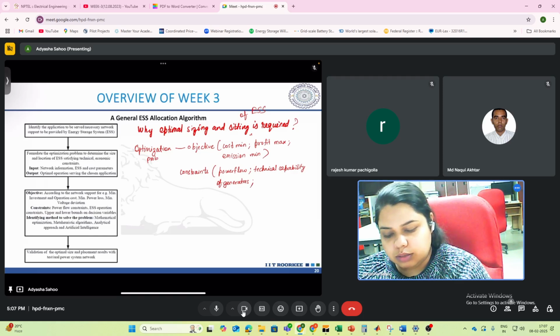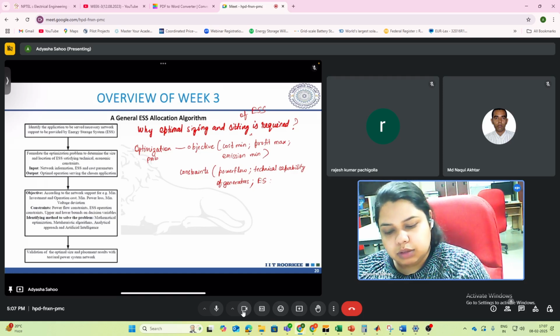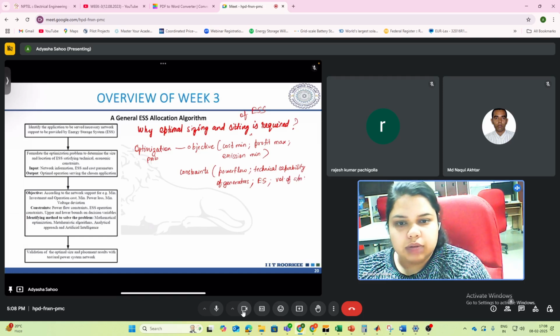Similarly, technical capability of the energy storage, like the charging and discharging constraint that we saw. Then there will be constraints on the voltage of the system. So the voltage must lie within a certain band. That is basically we try to keep it between 0.9 per unit to 1.1 per unit.